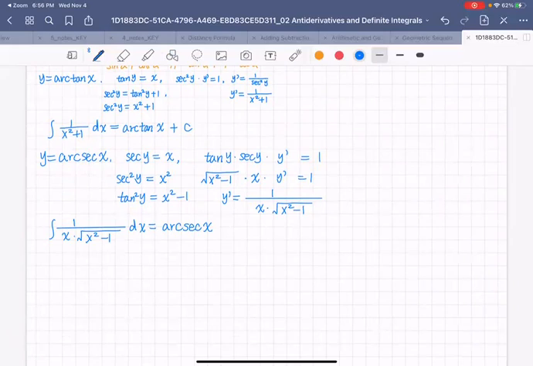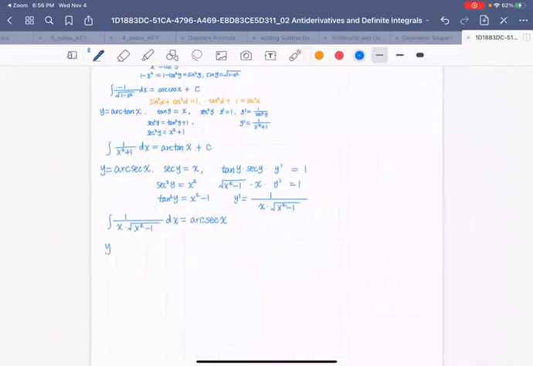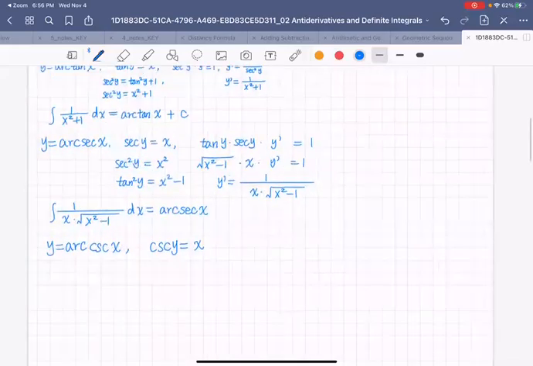Now we haven't finished all of them yet. Let's do y equals arc cosecant. You can do your own and then check with my answer together.